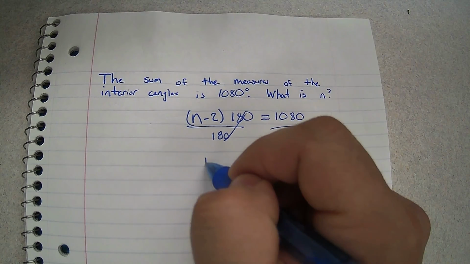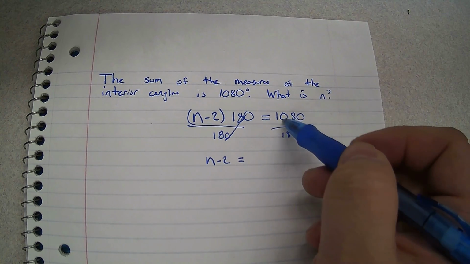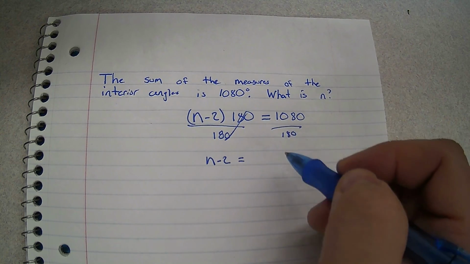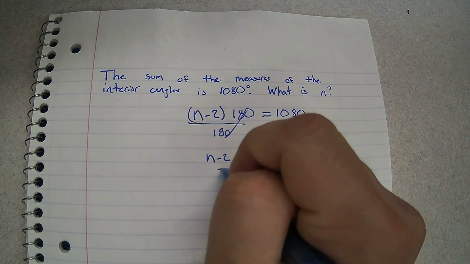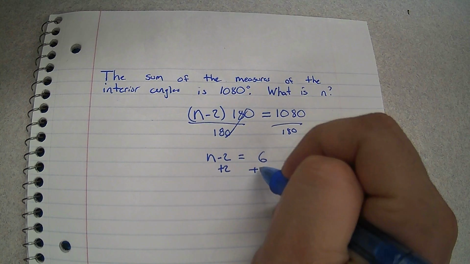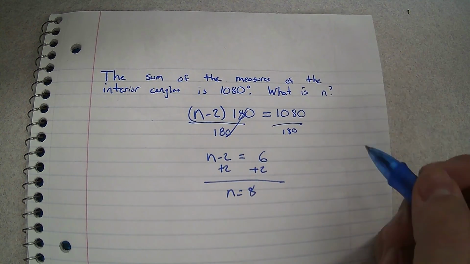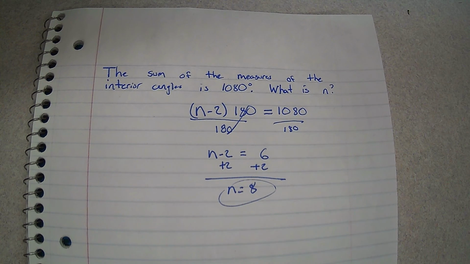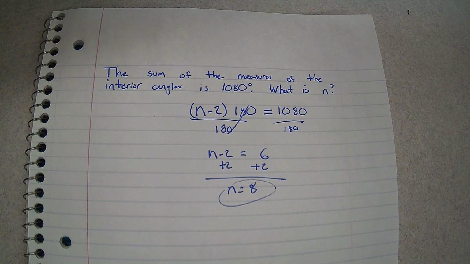Those cancel out. I get n minus 2 is equal to 1080 divided by 180, which is 6. Add 2 to both sides. n is equal to 8. So this is an 8-sided shape, an octagon. The interior angles are going to sum to 1080.